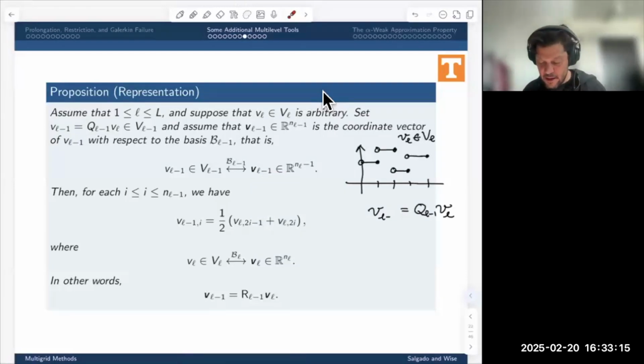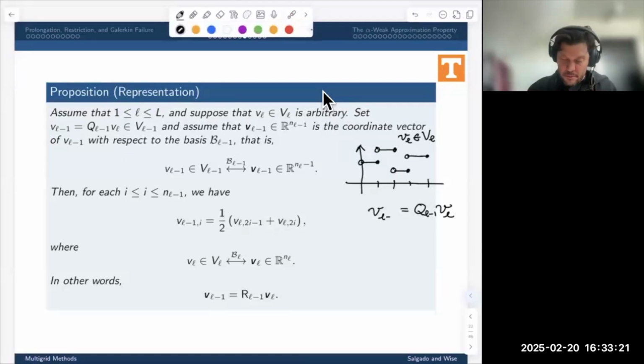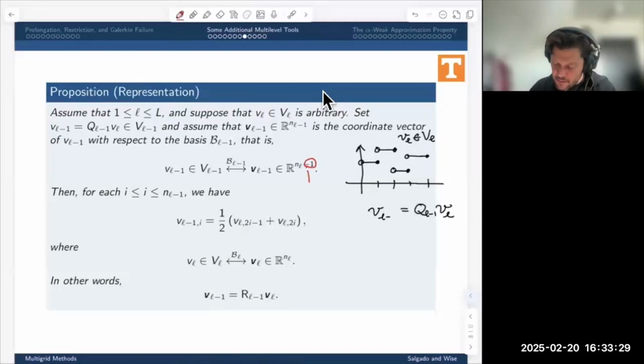And I have a typo here, because this one's always a little bit tricky. This minus 1 should be a subscript. So that's a typo.